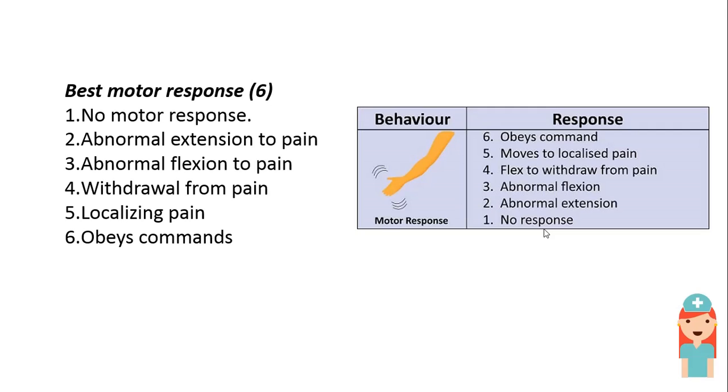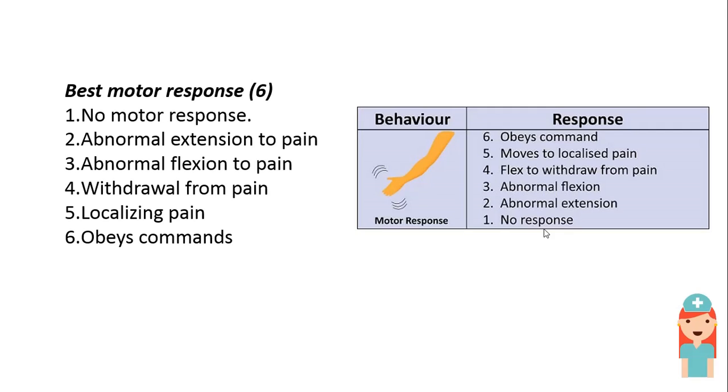Third one is withdrawal to pain. If I give some painful stimulus and he withdraws his hand or his leg, or tries to withdraw, then I will score him 4. Next is abnormal flexion to pain, that is decorticate posturing. I will show you in the next slide what decorticate posturing is.